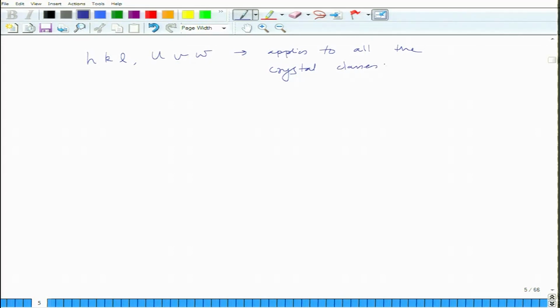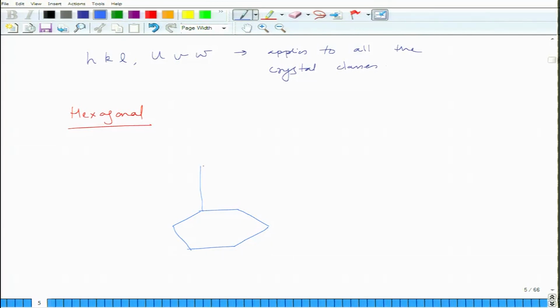In case of a hexagonal system, we can also evolve a new system. The hexagonal also follows this system, but because of the geometry of the hexagonal system, it is something like this.